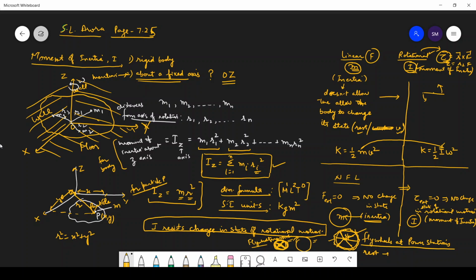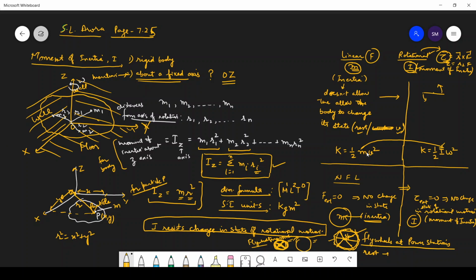Now on what factors does moment of inertia depend? The moment of inertia of a body is the measure of the manner in which its different parts are distributed at different distances from the axis of rotation. So unlike mass, it is not a fixed quantity, as it depends on the position and orientation.